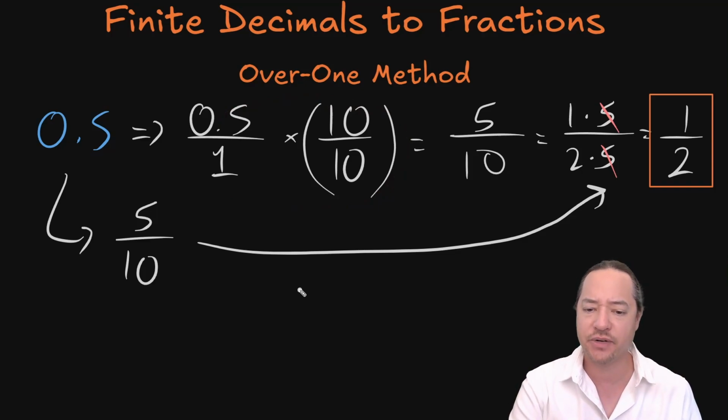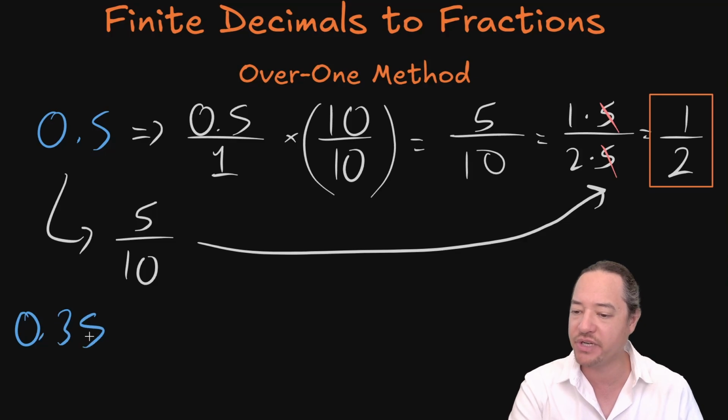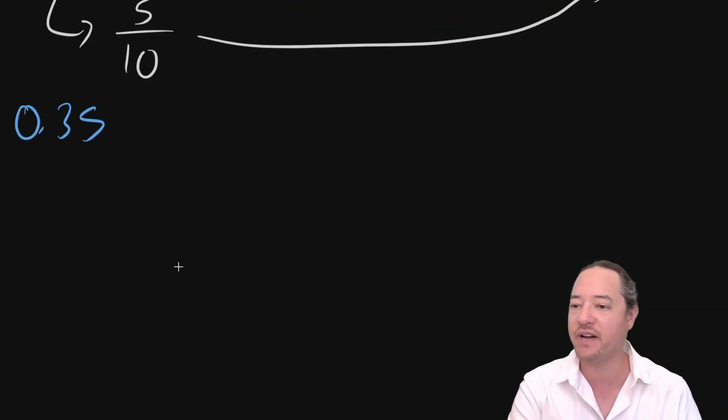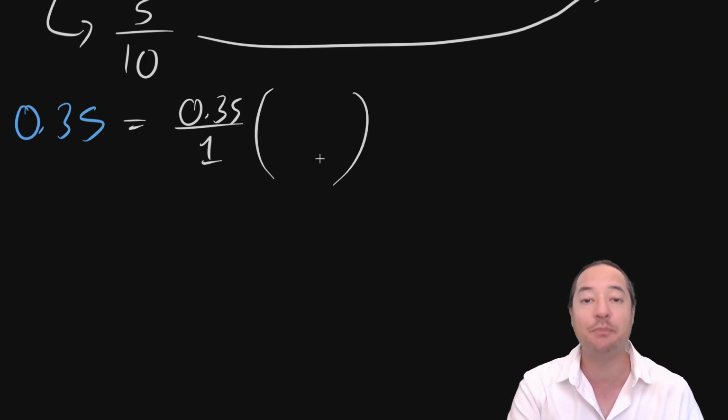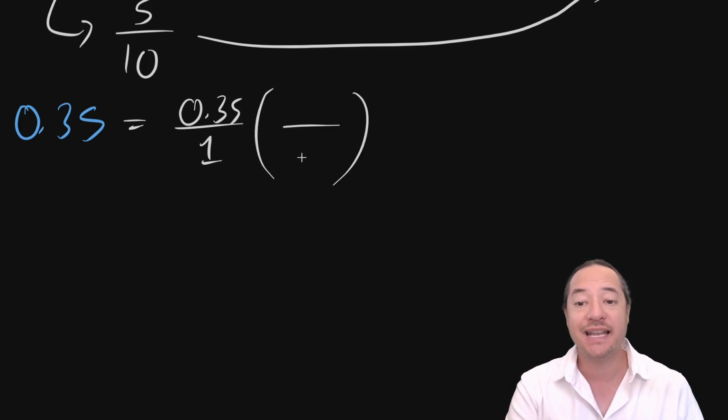All right, let's try another example here. Let's try the number 0.35. Okay, 0.35. What's that going to be? Well, let's do the over 1 method. We're going to take 0.35 and put it over the number 1. And then we have to multiply by 1, but we're going to do that as a power of 10.